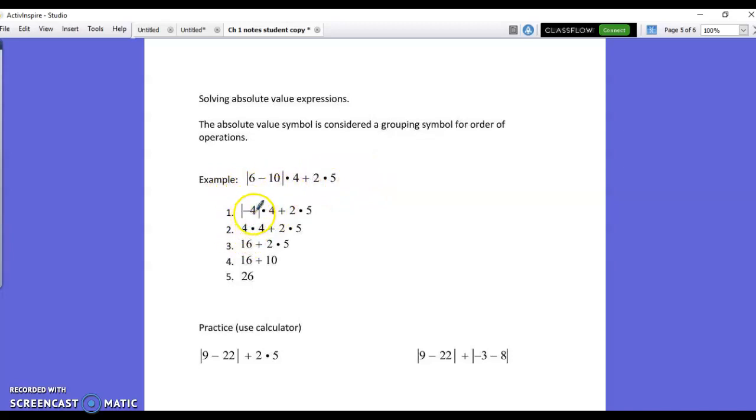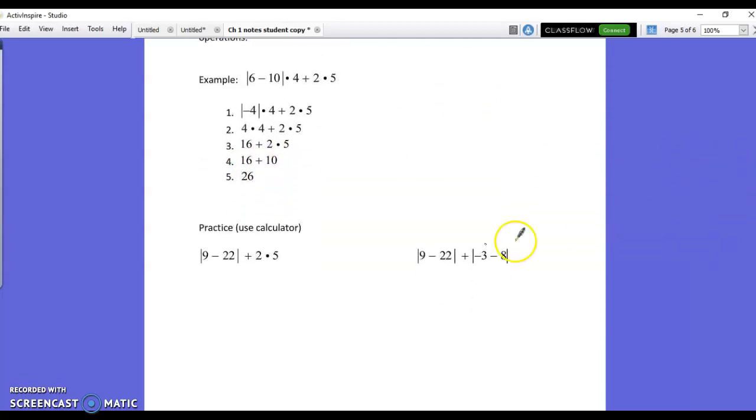The absolute value of -4 is 4, so this shows that operation, and then we bring down everything else and go left to right. 4 times 4 is 16, write everything else down. 2 times 5 would be our next operation, which is 10. 16 plus 10 is 26.